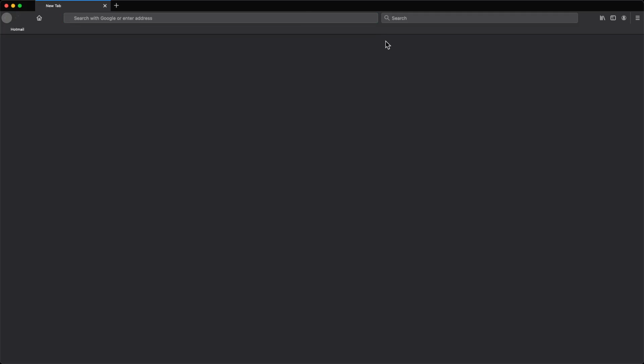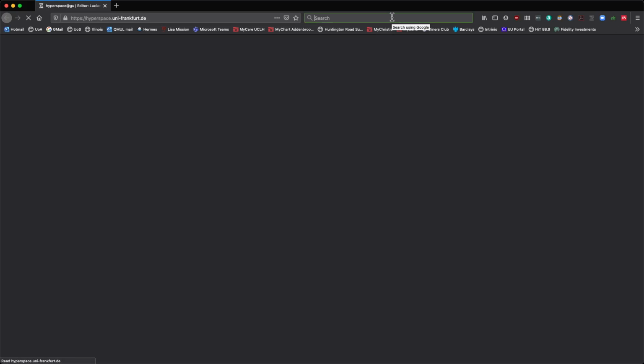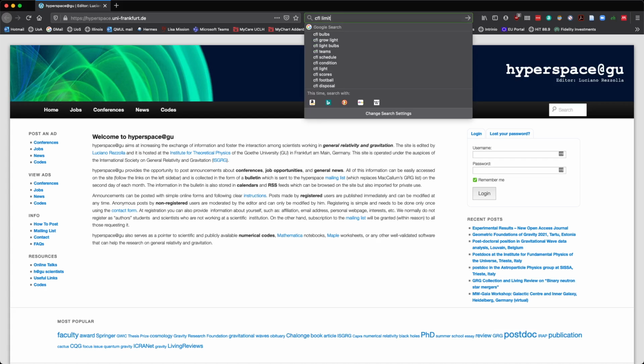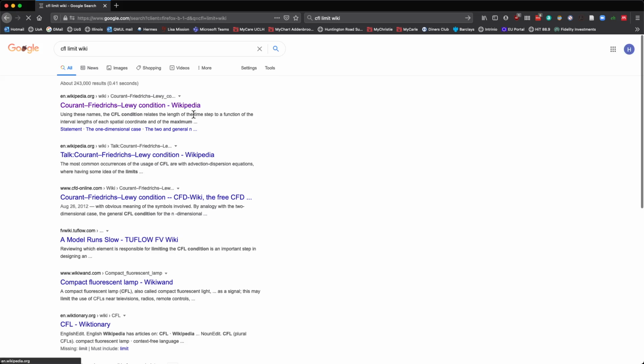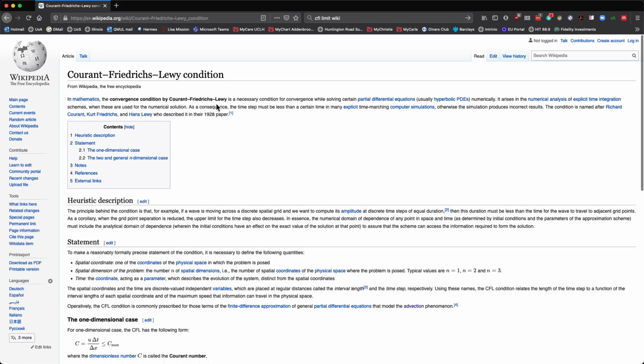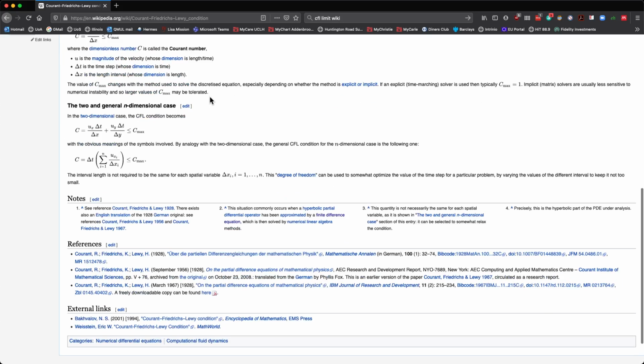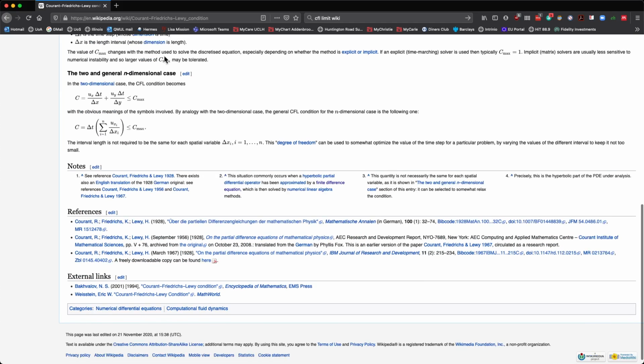You can Google CFL limit and look it up on Wikipedia, and you can get an estimate for the advection equation and so on of how to compute it.